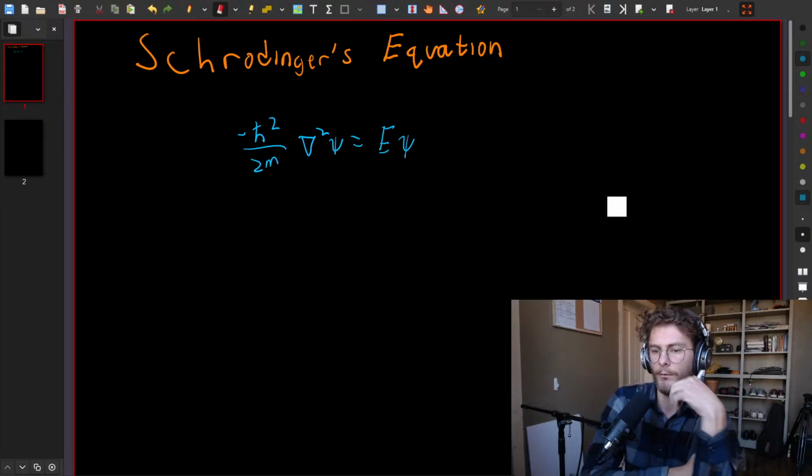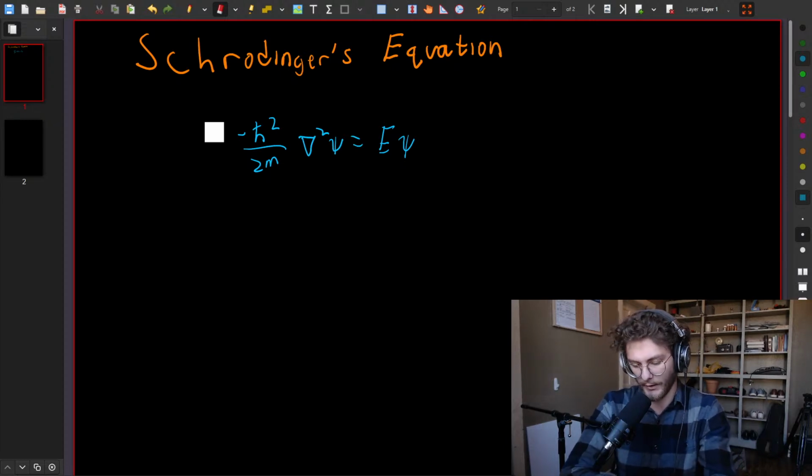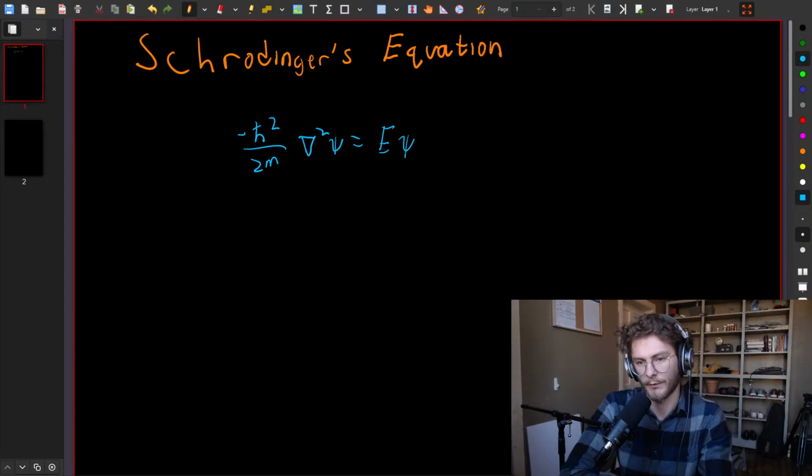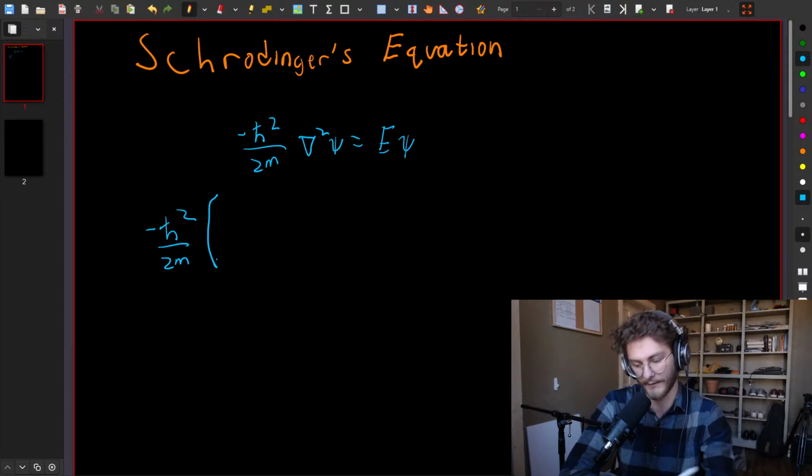So, first things first, we want to separate this into its Cartesian coordinates. Start off with what nabla squared psi is. We know nabla squared psi equals E times psi times this constant. So we can say negative h bar squared over 2m, open parentheses, and nabla squared is partial squared x plus partial squared y plus partial squared z of whatever, in this case, psi.